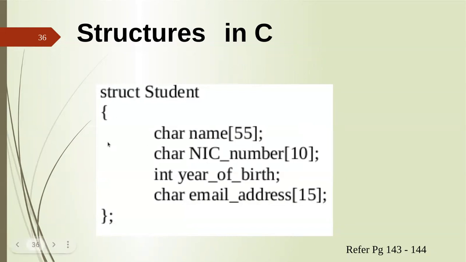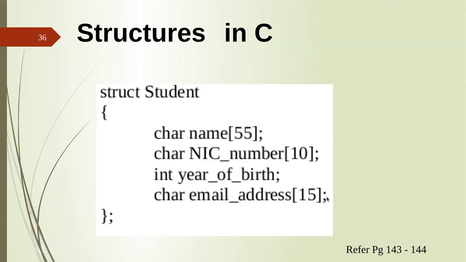Here you can see struct student. Student is one variable. But we can input name. Name, it is array, the char array, the length is 55. Char NIC number 10. Integer year of birth is integer. Char email address 15.